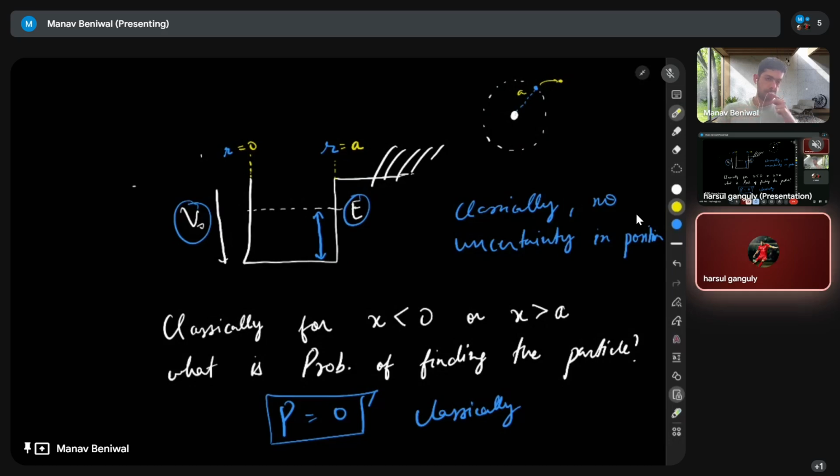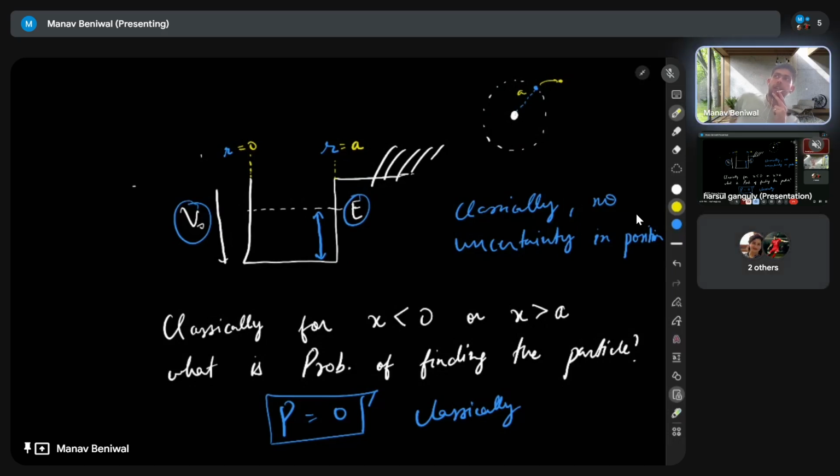Right, sir. But in the question, it's not mentioned that a is the radius of the... Yes. If you look at the problem, the first part of the problem, if I remember correctly, you have to find capital A, small a, all these things. And in the second part you have to find the average position, mean position.